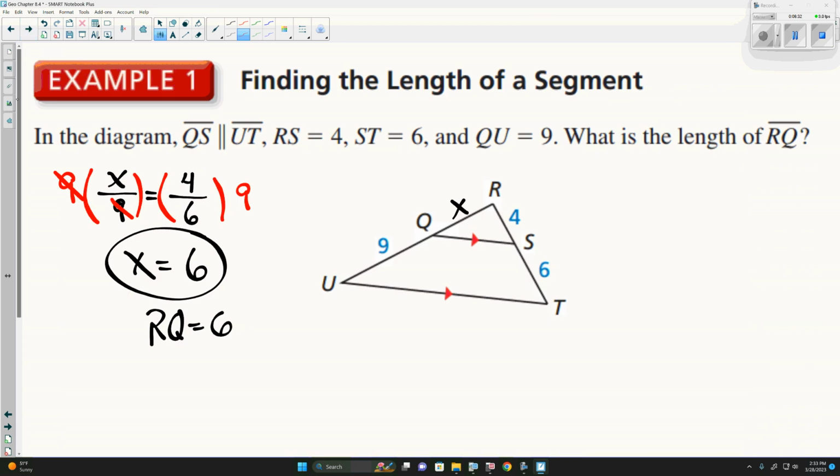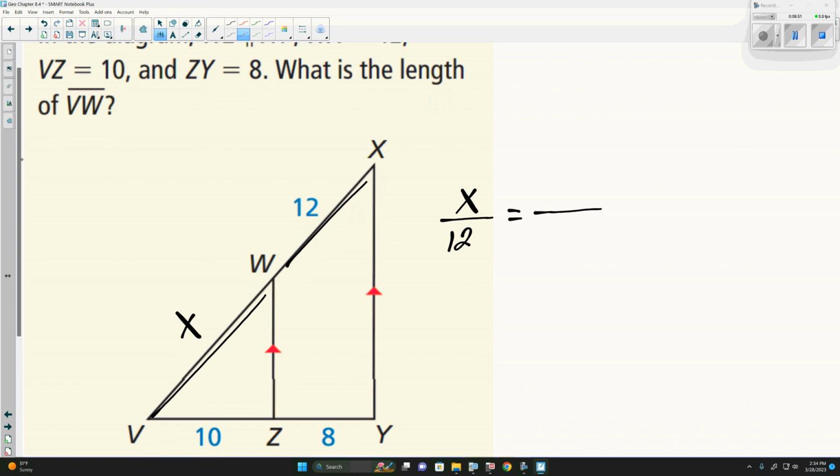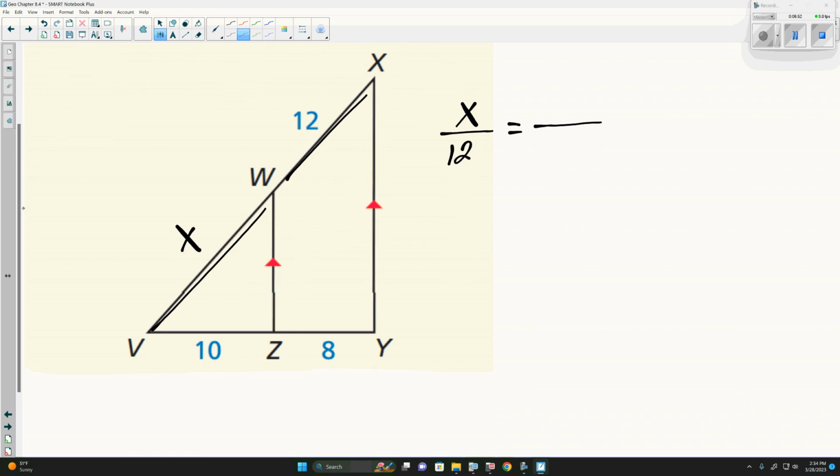So here, x over 9 will be the same proportion as 4 over 6. Here, we had it flipped, but ZY over YX is going to be the same as VW over WX. Here, we'd have x over 12 is the same as what? 10 over 8. Well, no.